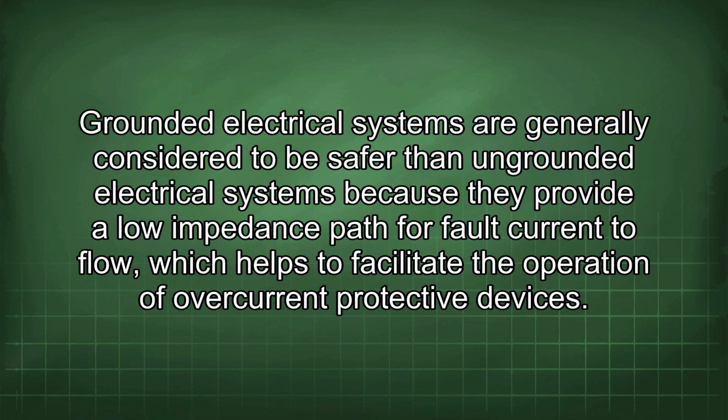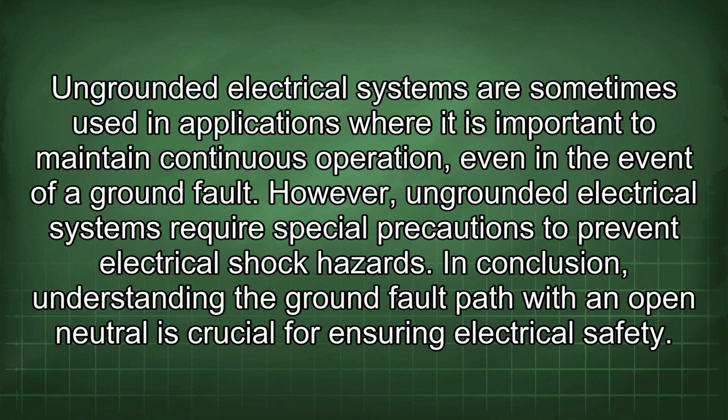Grounded electrical systems are generally considered to be safer than ungrounded electrical systems because they provide a low impedance path for fault current to flow, which helps to facilitate the operation of overcurrent protective devices. Ungrounded electrical systems are sometimes used in applications where it is important to maintain continuous operation, even in the event of a ground fault. However, ungrounded electrical systems require special precautions to prevent electrical shock hazards.